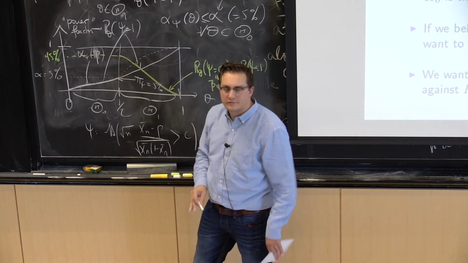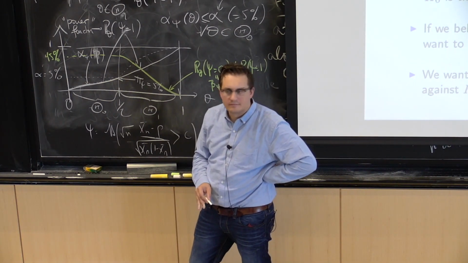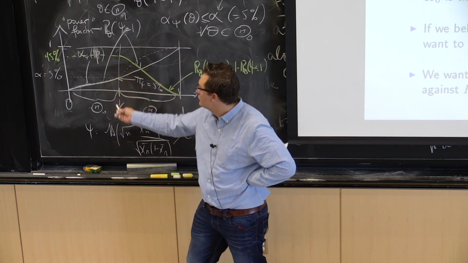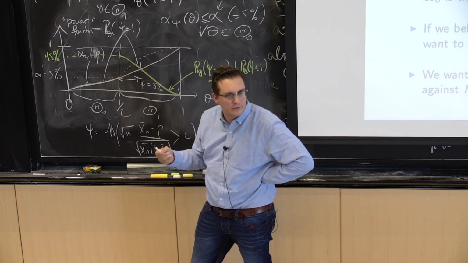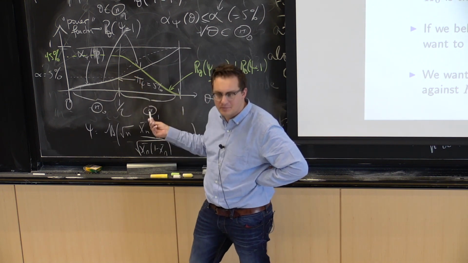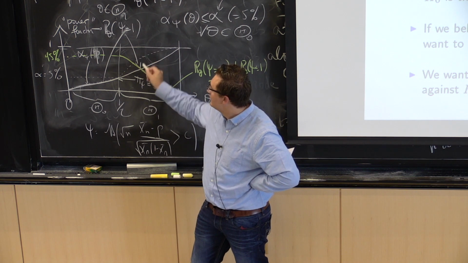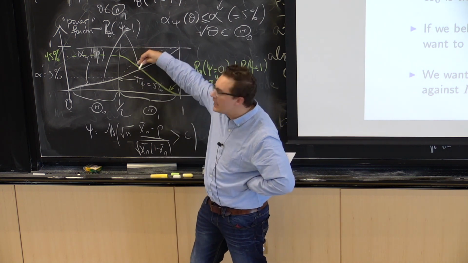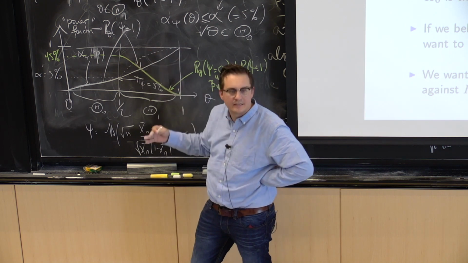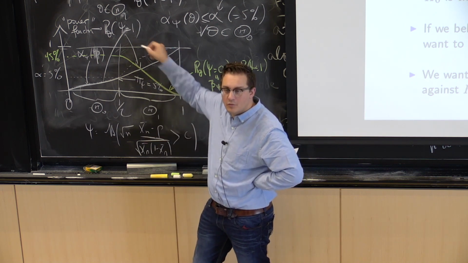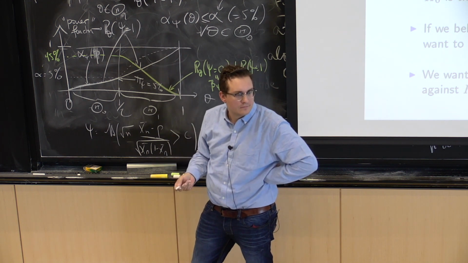What is the power of this test? It's the same. It's 5% because this point touches here exactly at the same point. However, for any other value than the worst possible, this guy is doing better than this guy. Can you see that? Having a curve higher on the right-hand side is a good thing because it means that you tend to reject more when you're actually in H1.